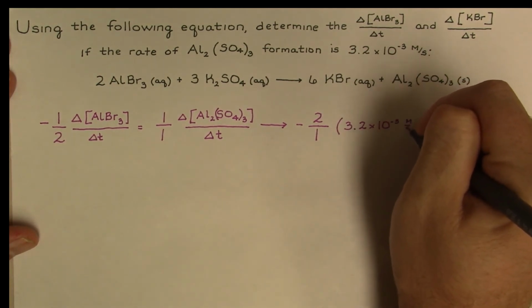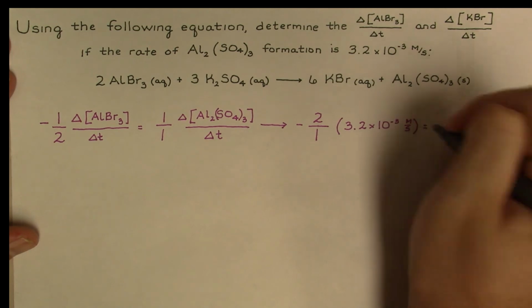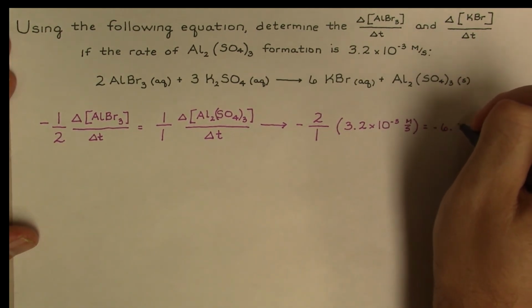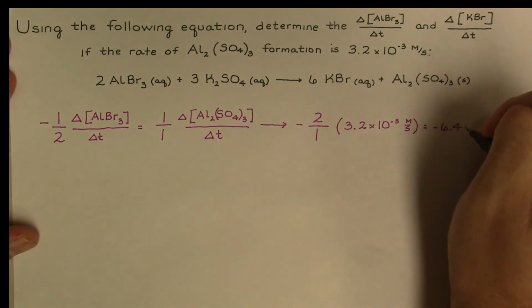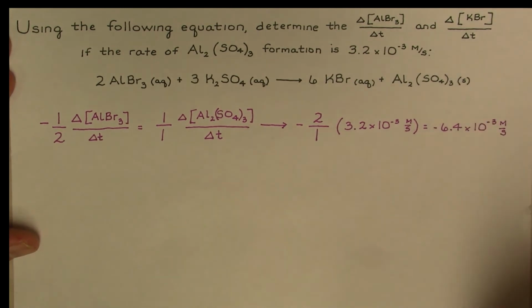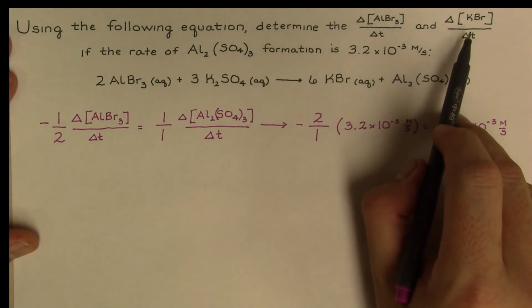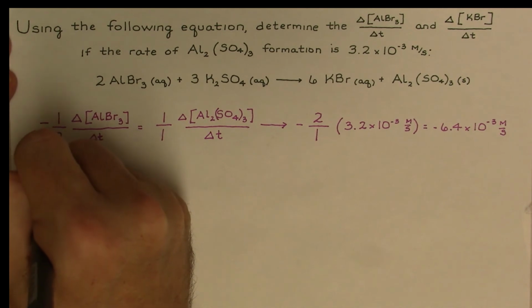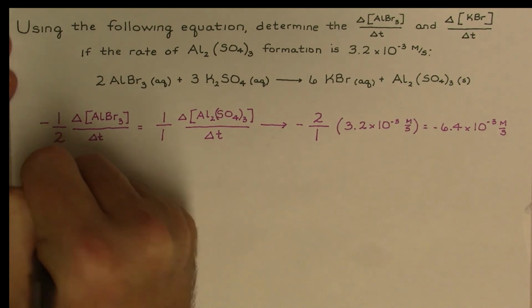So in all reality, we're multiplying by -2. We will get a value of -6.4 times 10 to the minus third molar per second. So the negative shows that it is disappearing as a reactant, and we know that it is disappearing at twice the speed.